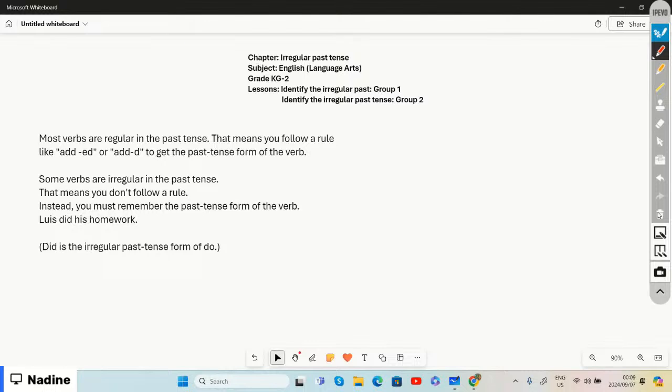So, like we said, with regular past tense we add D or we add an ed to show the past tense form of the verb, whereas with irregular past tense, we do not follow any specific rules. You are just going to have to know what the past tense form is of the irregular verb.